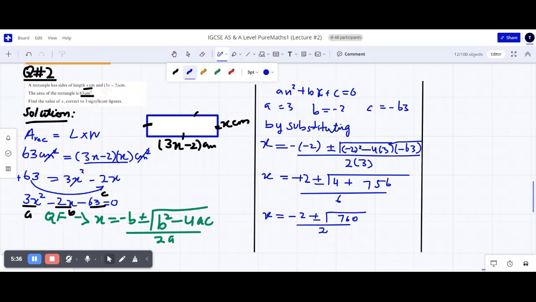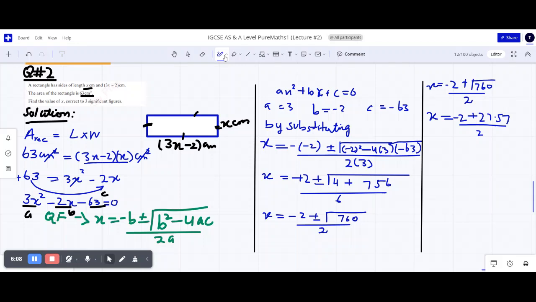So it would be x is equal to 2 plus root 760 divided by 2. By using a calculator we will simplify it. Root 760 is equal to 27.57 divided by 2.